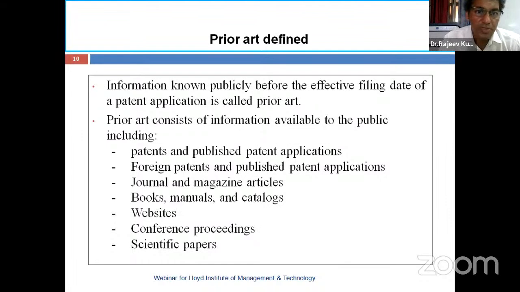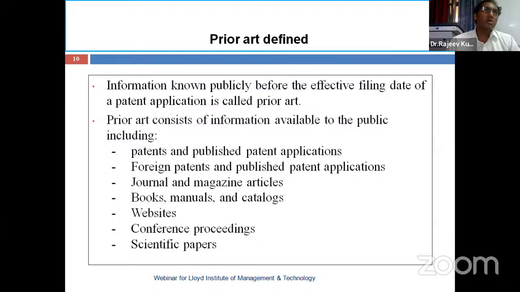The information known publicly before the effective filing date of a patent application is called prior art, and it contains the information available in the public, which includes patents and published patent applications. So foreign patents and published patent applications also become a part of the prior art.